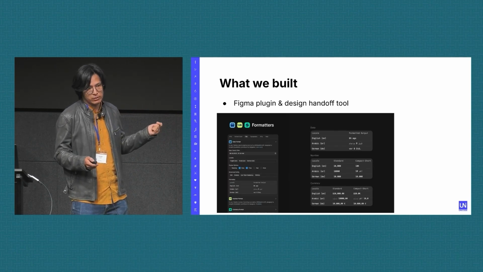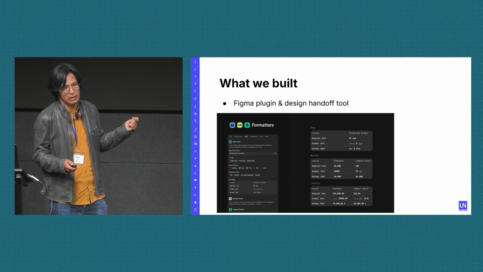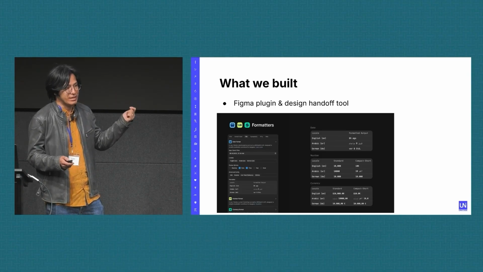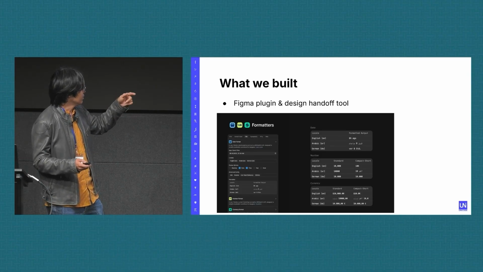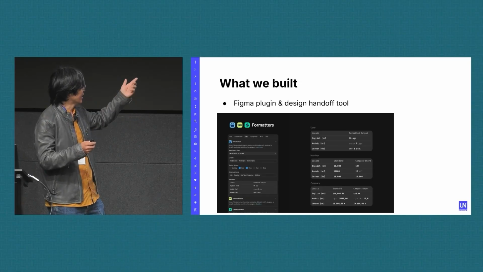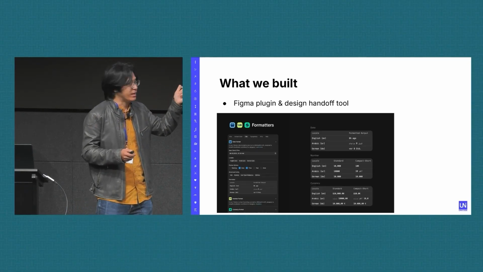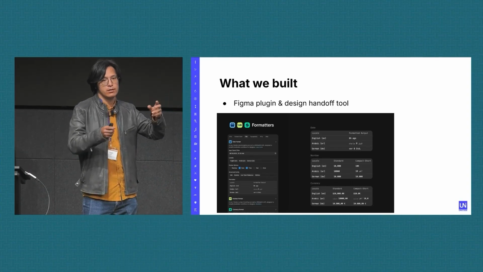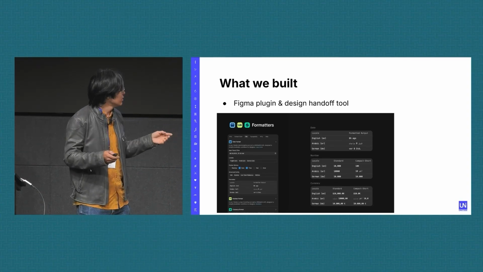And also, we've built a Figma plugin and design handoff tool to make it easier for designers to construct the different formats, to select all the options they want, and also hand off to the engineers with the parameters they need.